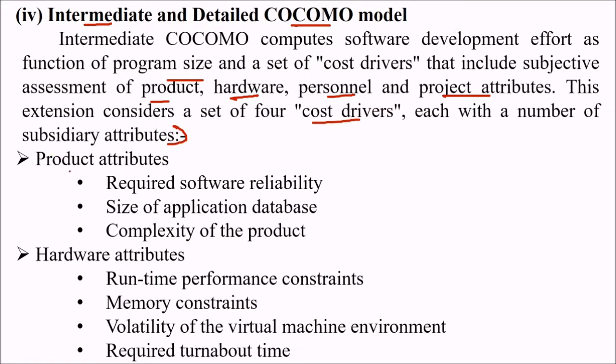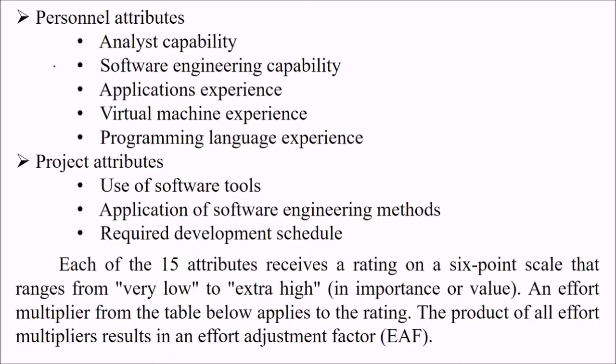as we have just seen in the previous question, like the product attributes: required reliability, the size of the database, complexity of the product; or the hardware attributes like runtime performance requirement, memory constraints, the volatility of the virtual machine environment, the required turnaround time.